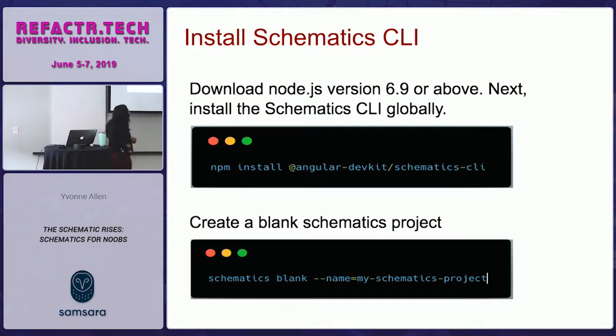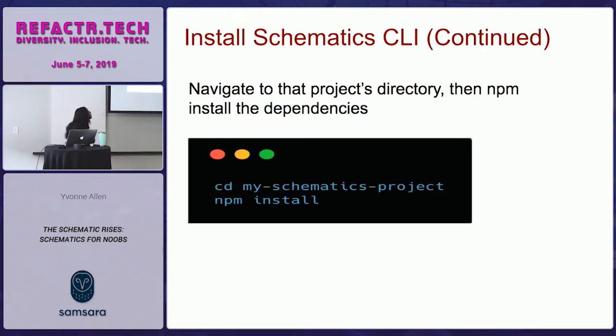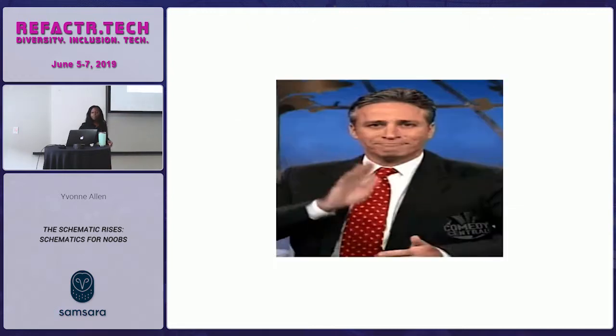Then you create a blank schematics project, and the way you would do that is use schematics blank --name equals whatever you're calling your project. In our case, I'm going to be calling it Gothman City. After that, you would navigate into the schematics project, and then you would do npm install to install all your dependencies. And then you're done. That's it.